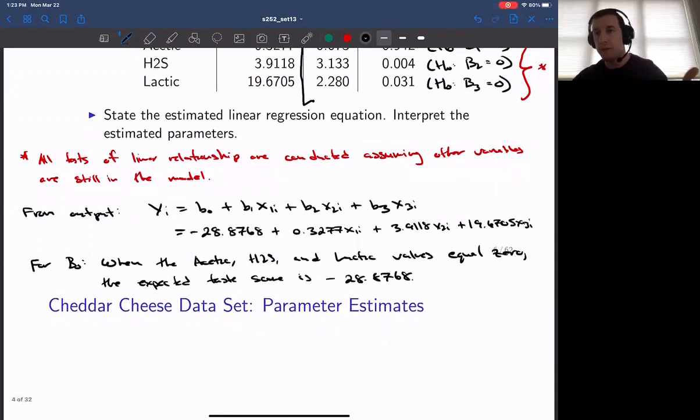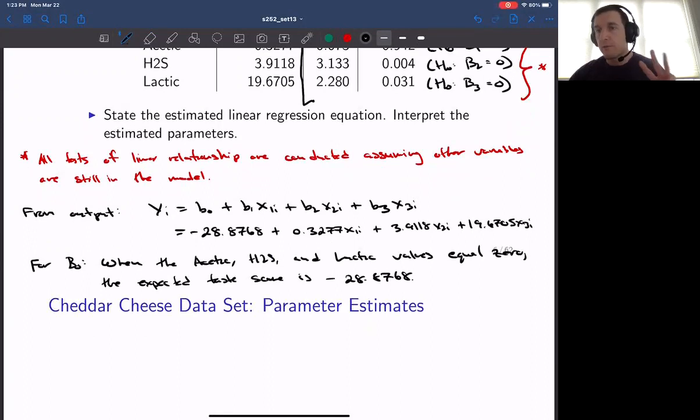Okay, so first, beta 0 is the y-intercept for the model. This is the expected value of the response when all of the explanatory values equal 0. So the definition is exactly the same as we saw in the simple linear regression case.